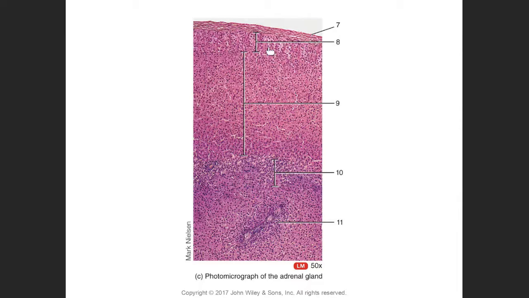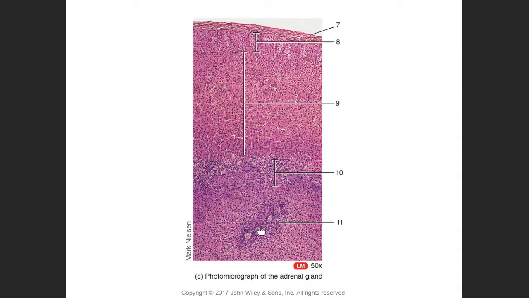Zona glomerulosa can make aldosterone, which works with the electrolytes and ions in our body. The next zone, which is the zona fasciculata, is important for secretion of cortisol, corticosterone. It works with our metabolism. And number 10, or zona reticularis, can make androgens.